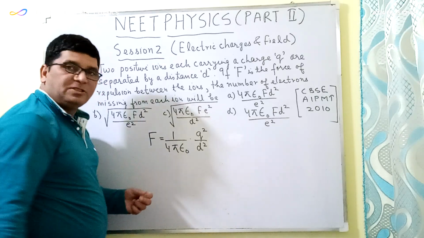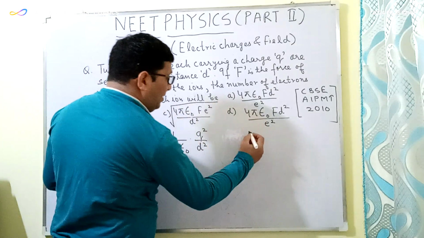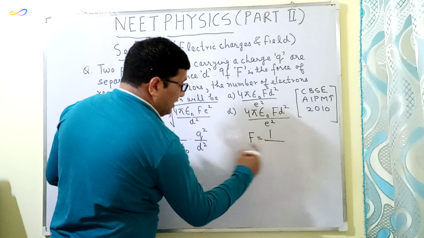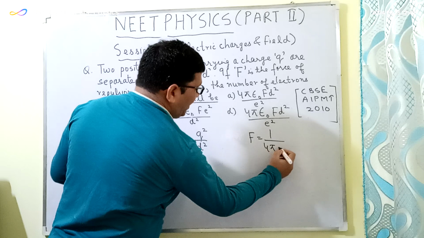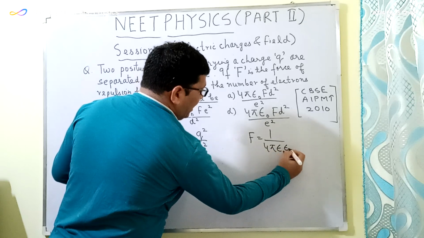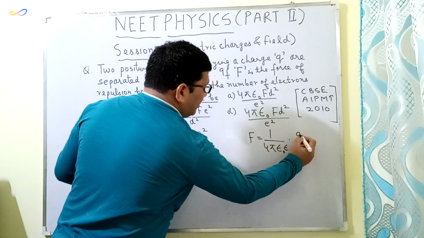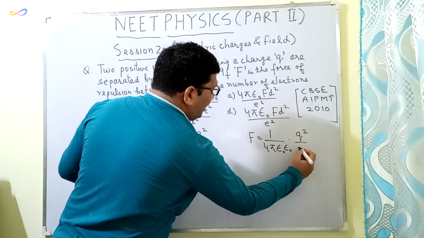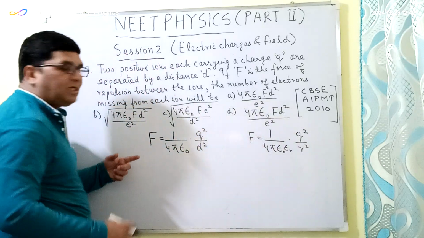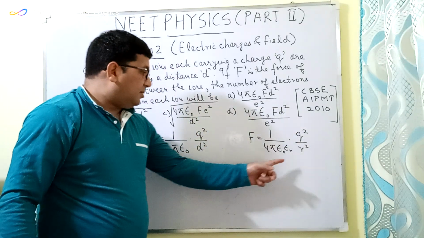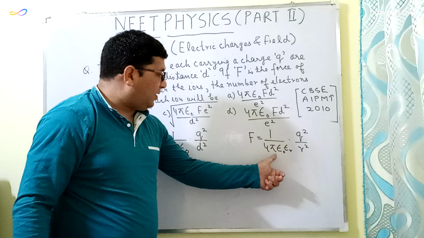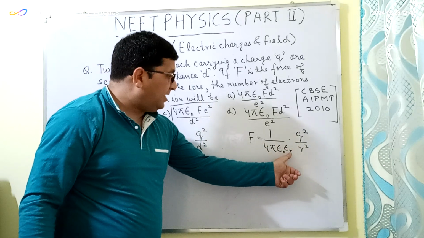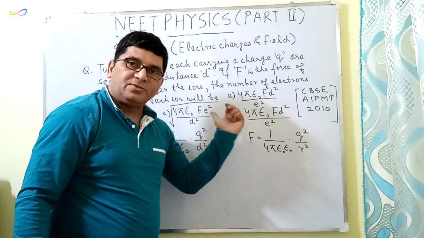If it is not present in vacuum or free space, but in some other medium, then the electrostatic force becomes 1 by 4 pi epsilon naught epsilon r into q square upon r square, where epsilon r is the relative permittivity of that medium.